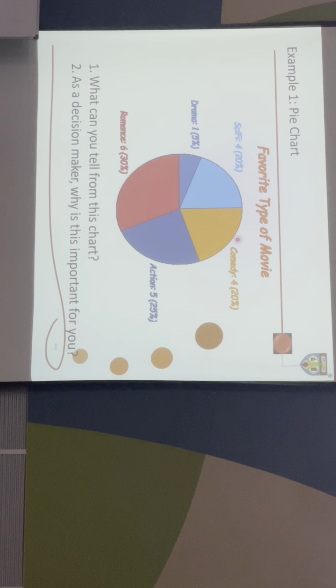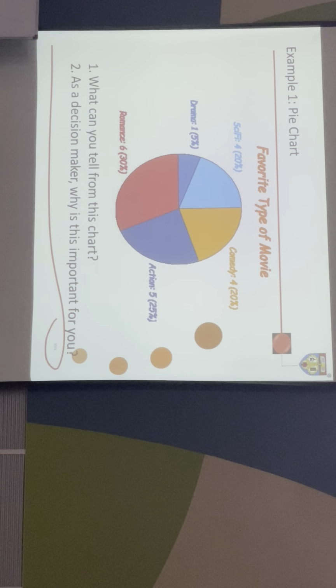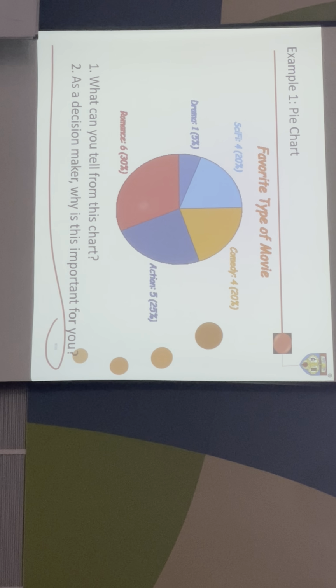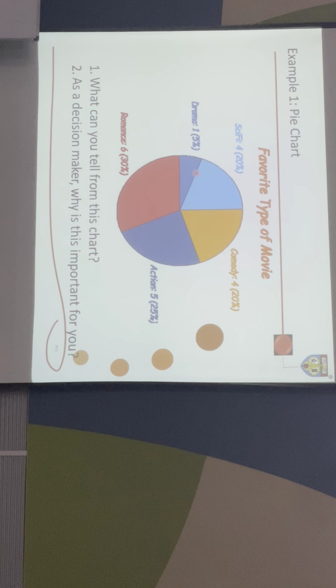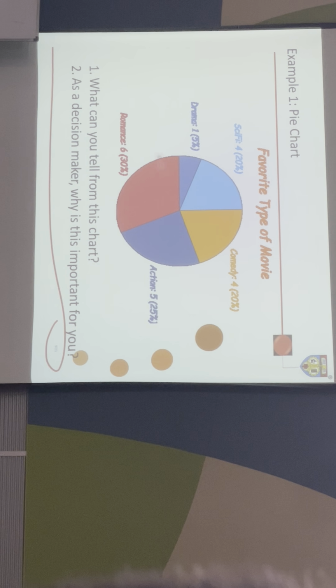It is a pie chart about favorite type of movies. We create the pie chart by comparing percentages, isn't it? From this pie chart you can see that 5% belongs to drama. So what can you interpret from this?